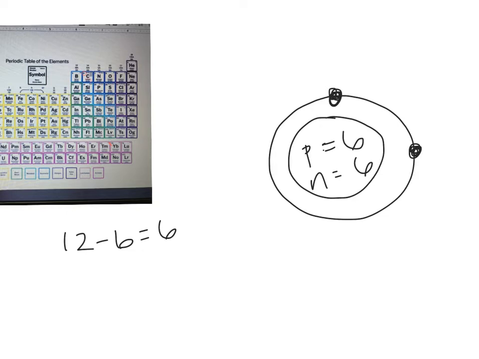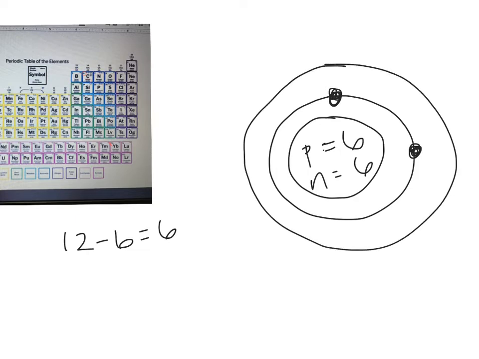But we have a total of 6 electrons, so the first energy level only holds up to 2, which means we now need to move to the second energy level, and we need to continue filling in the electrons for carbon. So we already have 2, here's 3, here's 4, 5, 6. And this atomic structure for carbon is now done.